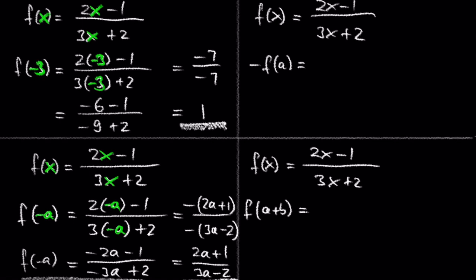What does negative f of a mean? It means to put a negative sign in front of the function and plug in an a for x. So negative f of a equals negative (2a minus 1) over (3a plus 2). Don't forget the parentheses here because the negative sign is for the whole function.